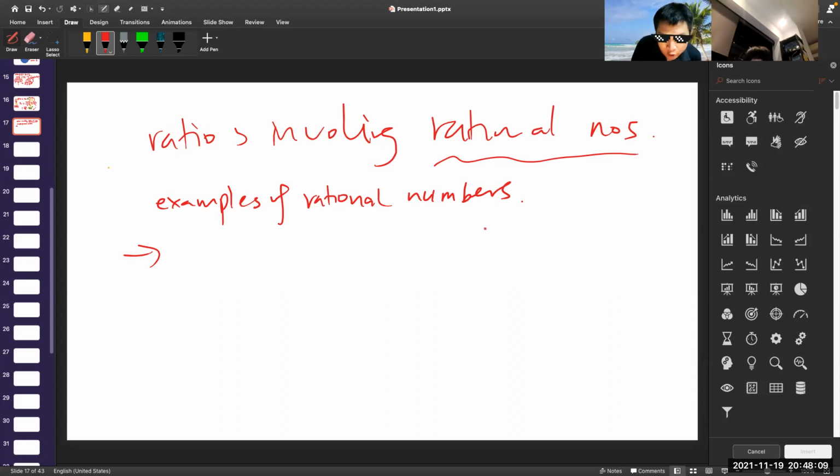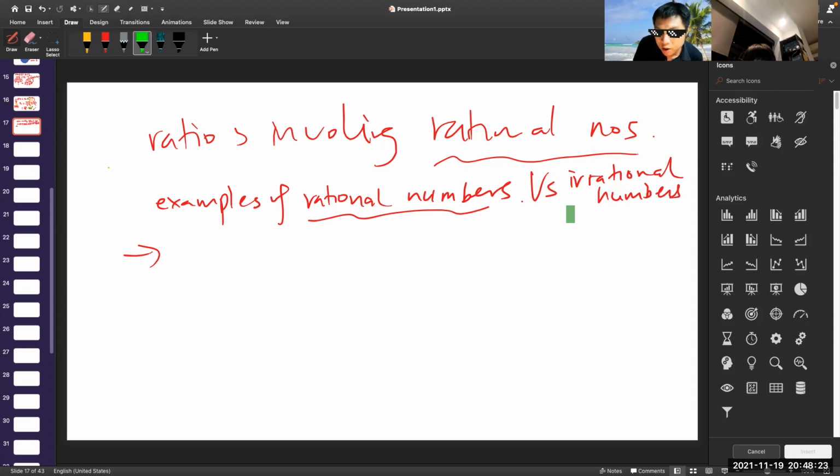So when it comes to rational number, what's the opposite of rational number? The opposite of rational number is called irrational number, right? So the opposite of rational numbers, they are called irrational numbers. So what are some examples of irrational numbers? Square root 8.